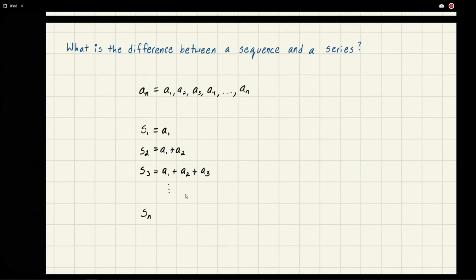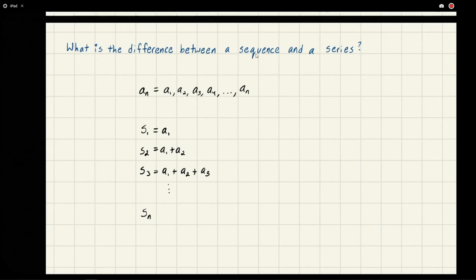This is the series. So you can see that these numbers right here produce a sequence. And we just give this sequence a special name since it's got all these plus signs, since we're adding elements. When we add n elements, meaning an infinite number of elements together, we arrive at the series S sub n.